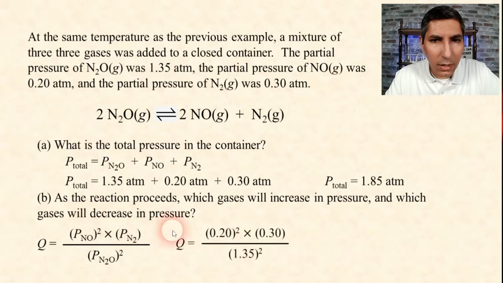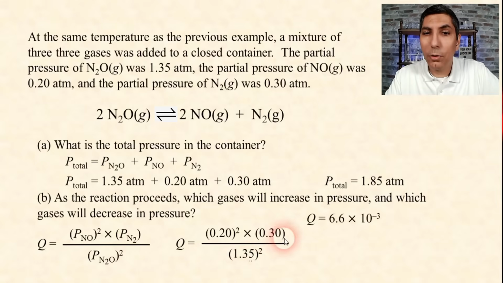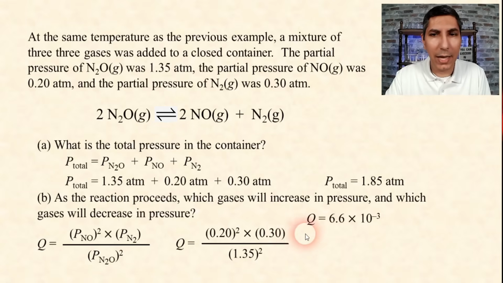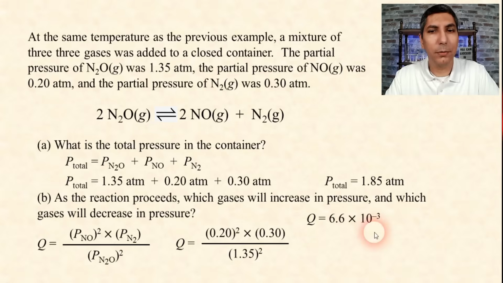So I plug in the 0.20, which is the NO, so that gets plugged in there. The N2 is 0.30, so that's plugged in there. And the N2O is 1.35, so it gets plugged in there. And I find that the value for Q, once I mathematically calculate that, is about 6.6 times 10 to the negative third.